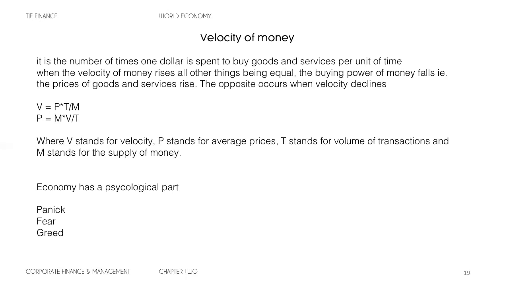So when the velocity of money rises and all other things are equal, which is this formula, where we have velocity, prices, transactions and the money supply, the buying power of money falls. The opposite occurs when the velocity declines, which is basically a deflationary process, right?